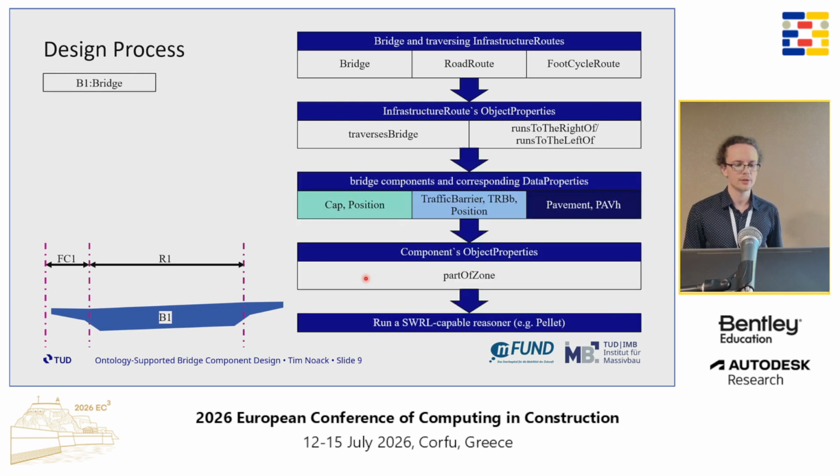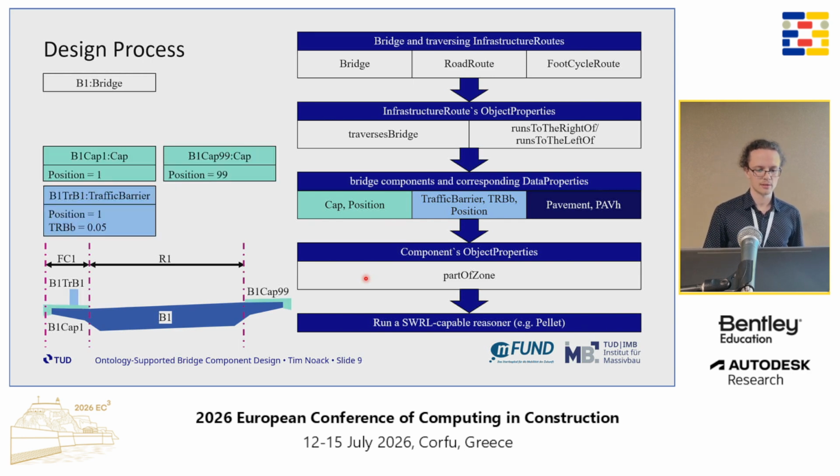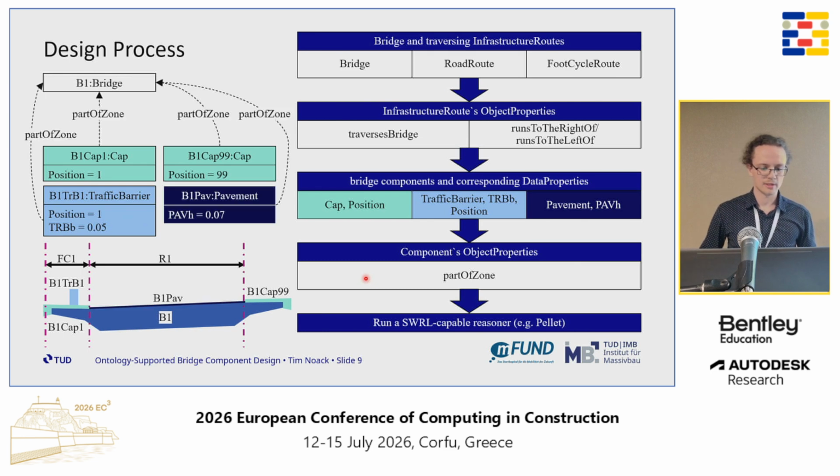Also, we need to create the bridge components like the bridge caps on the left side, the right side, and the traffic barrier and pavement, and all of these components are part of the bridge. And in the end, that's all we need to create before we can run a reasoner that is SWRL capable.